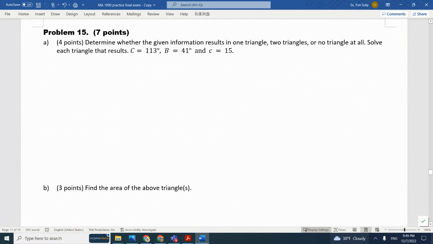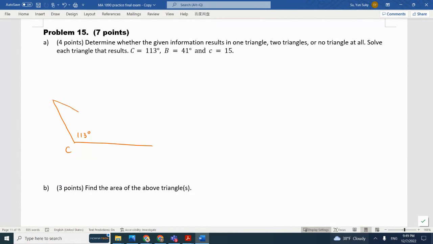Here, determine whether the given information results in one triangle, two triangles, or no triangles at all. Solve each triangle that results. Okay, so C is an obtuse angle, 113 degrees.